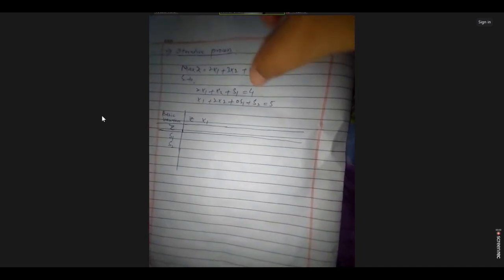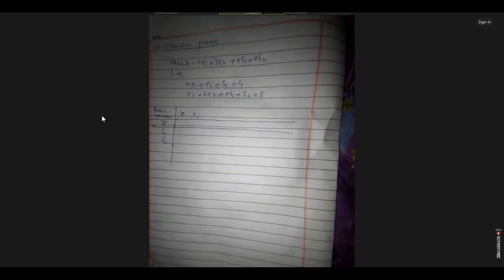Yes, we add it to constraints. We do not add it to the objective function, but we add it to the constraints actually. For example, the constraint 1 is there, so it will have one slack variable, and that will be named as S1 because it is the slack variable for constraint 1. In constraint 2, we will have only one slack variable, and that will be S2 because it is linked to constraint 2.